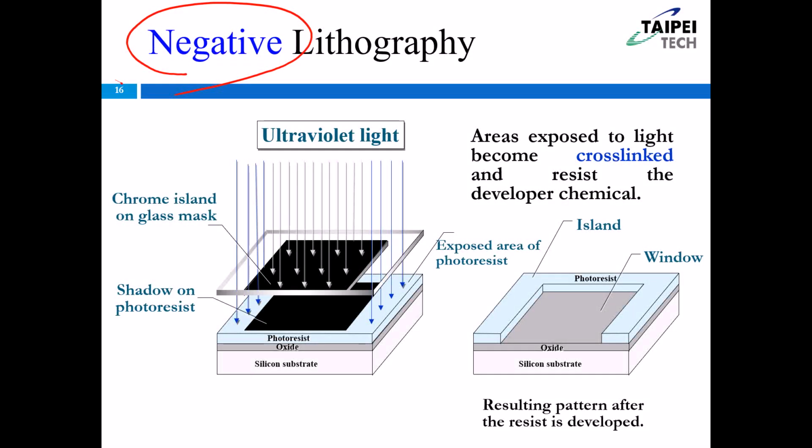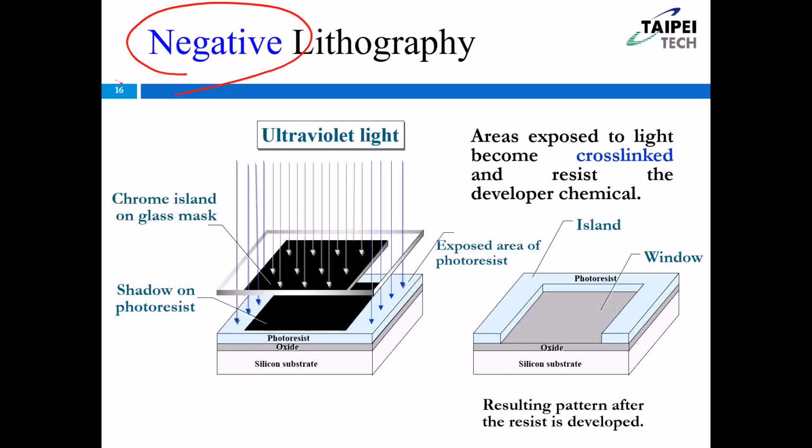So the edge PR becomes stronger, becomes cross-link, becomes stronger. So later, when we use the develop process, all of this area, the PR will remain, because PR can resist the developer, so the PR can remain, okay?